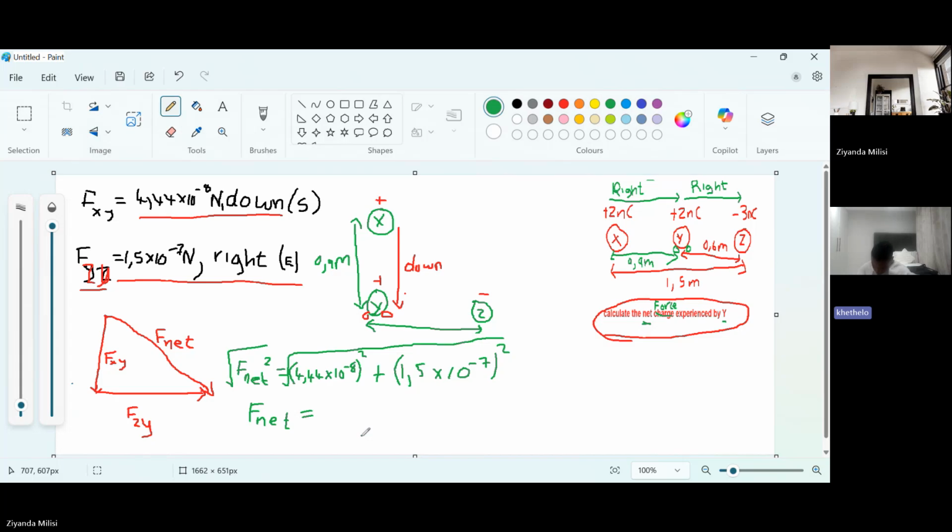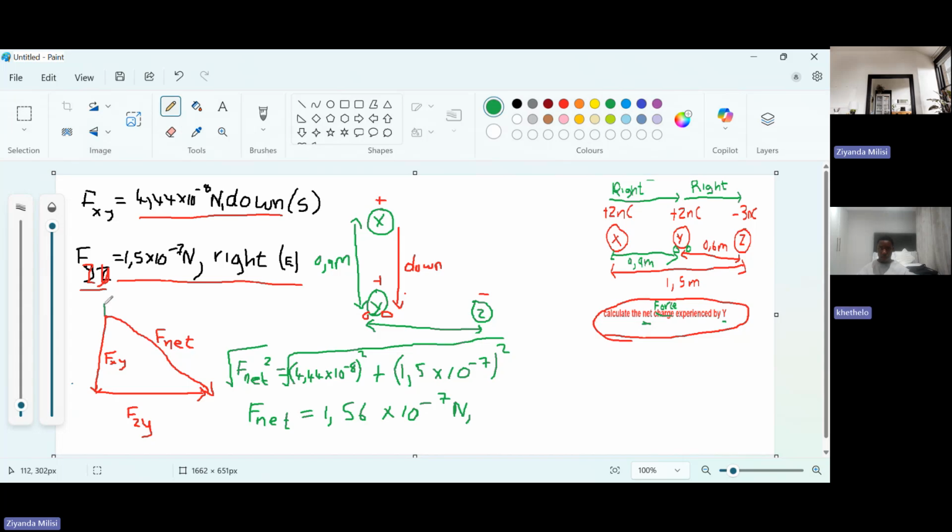The root answer will be 1,5643 times 10 to the power of negative 7 newtons.